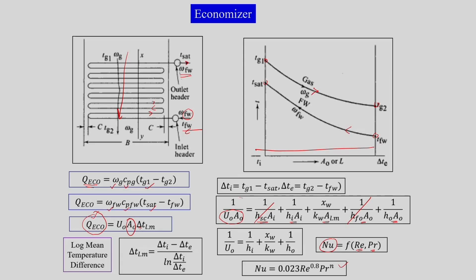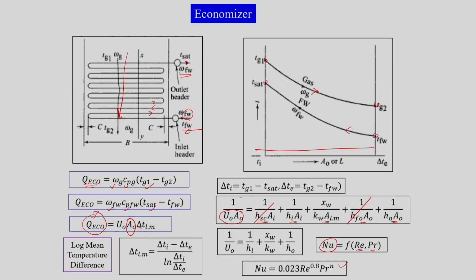So, using this we can find out the area, and knowing the area we can find out the total number of turns required in the economizer to get the desired heat transfer rate and rise in temperature from TFW to T saturated.